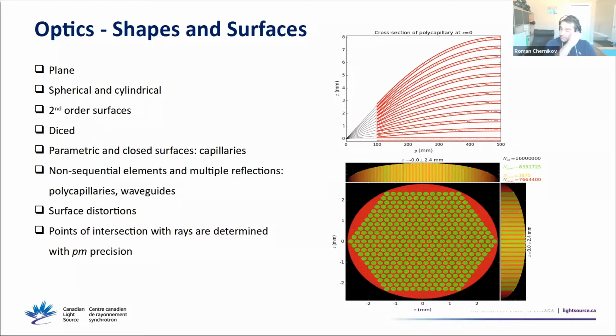Yeah, we calculate the intersection point with high precision down to picometers, and that allows us to take care about the phase, about the complex amplitudes of the beam, of the ray. We can also apply some surface distortions, though it's more of an advanced feature, and you have to write some code to make use of it.